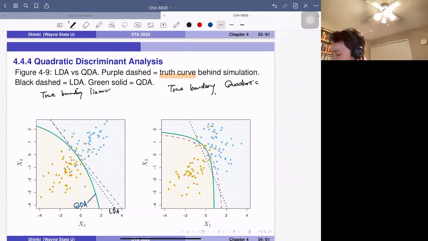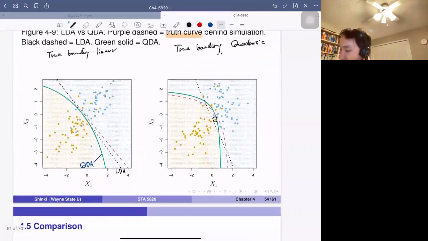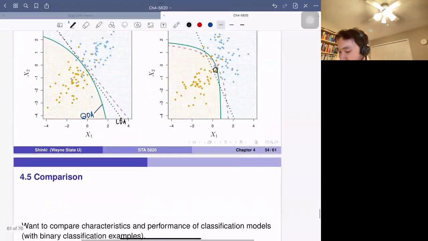It's hard to see because we only have a few observations, but you can see that this one is misclassified by the linear boundary but correctly classified by the green boundary. The training performance isn't much different, but at least the green line is closer to the purple line. So in this case, quadratic discriminant analysis is more accurate.